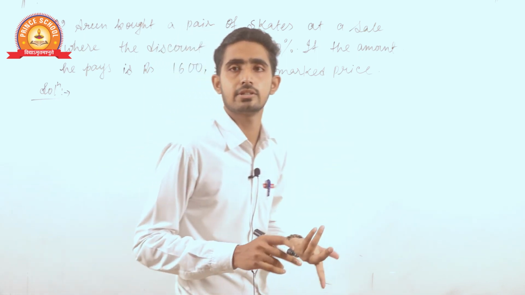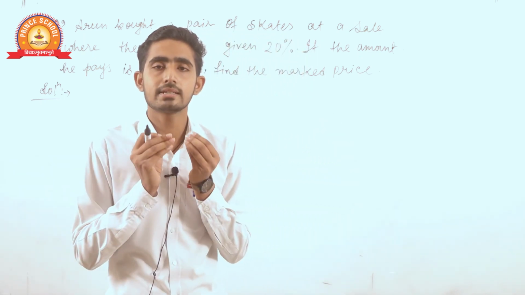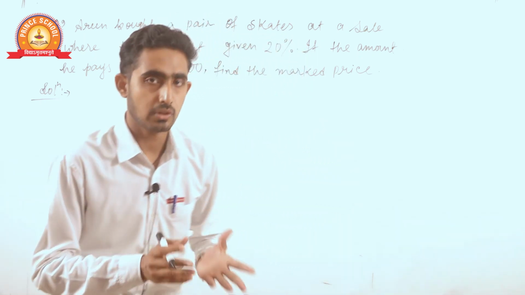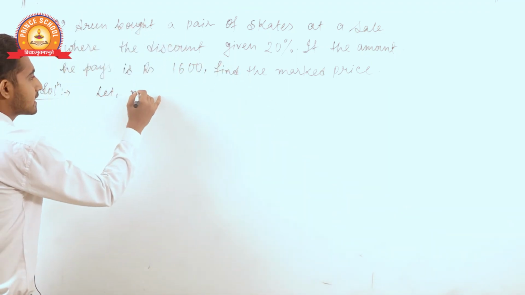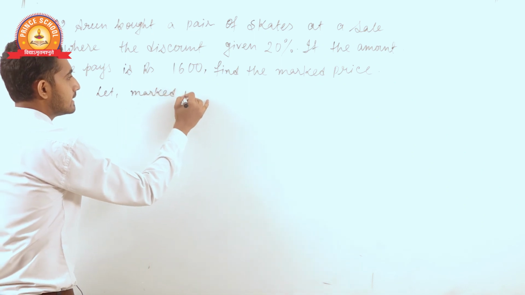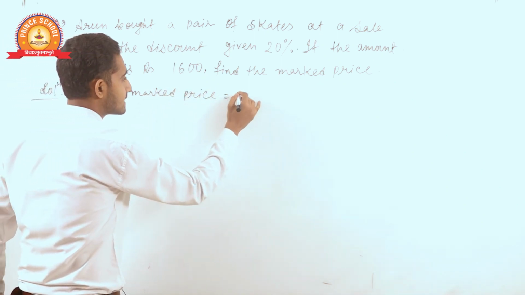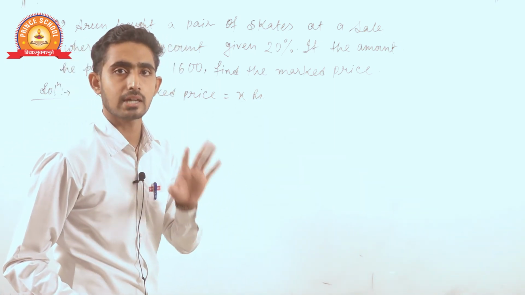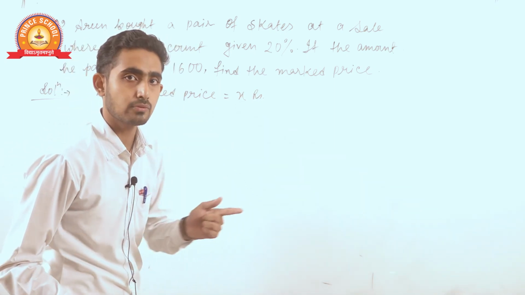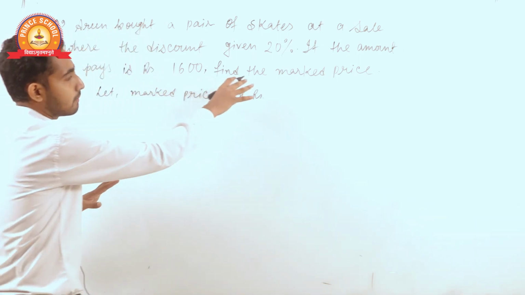So first of all I have to find out what the discount is. So let the mark price be X rupees, and always remember when you find the discount, you have to find it in terms of mark price.